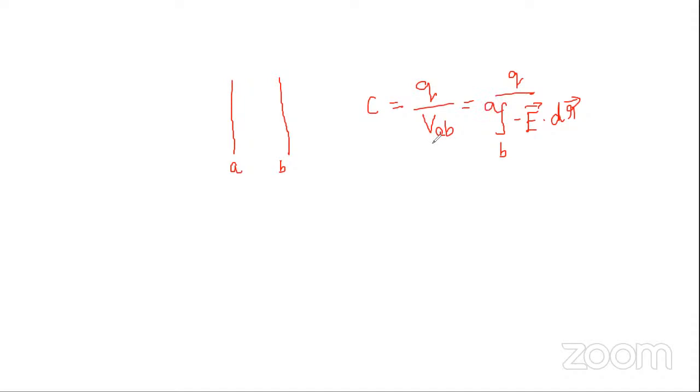Q by V is the general formula, and here I am using integration to find the potential difference between the two plates. This is the formula for calculating the capacitance of any capacitor, and now we will talk about the parallel plate capacitor.